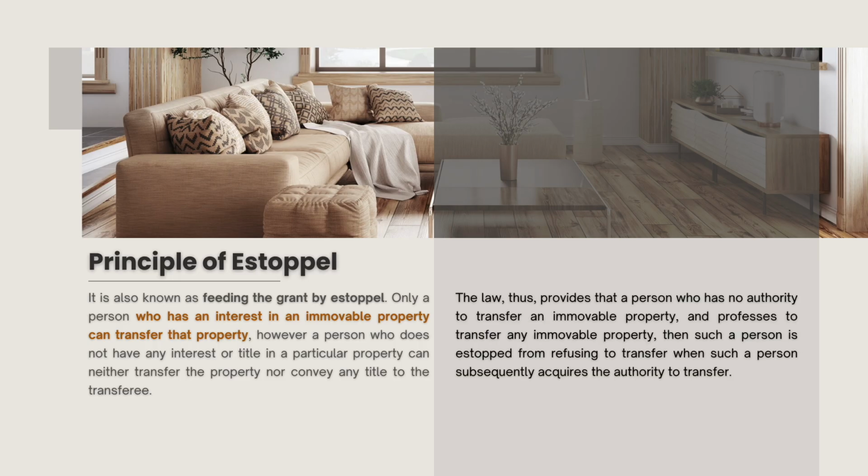The law thus provides that a person who has no authority to transfer an immovable property and professes to transfer such immovable property, then such a person is estopped from refusing to transfer when such a person subsequently acquires the authority to transfer.